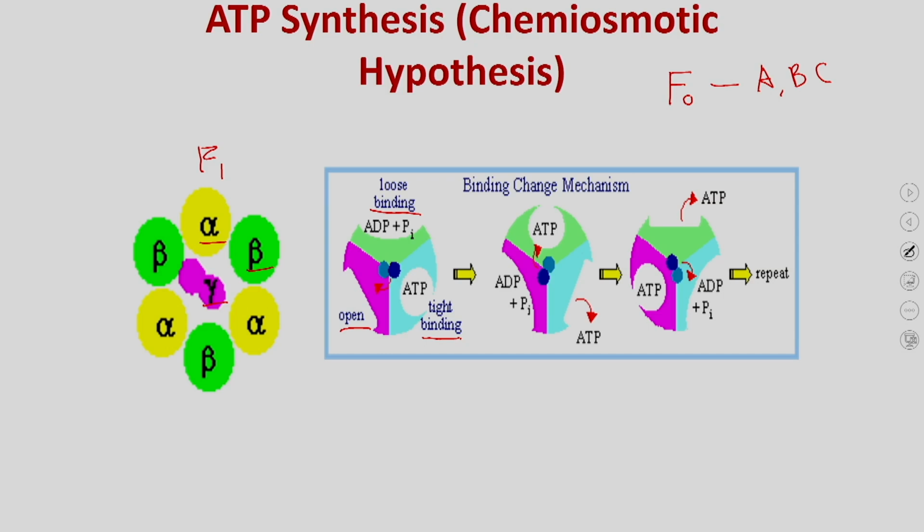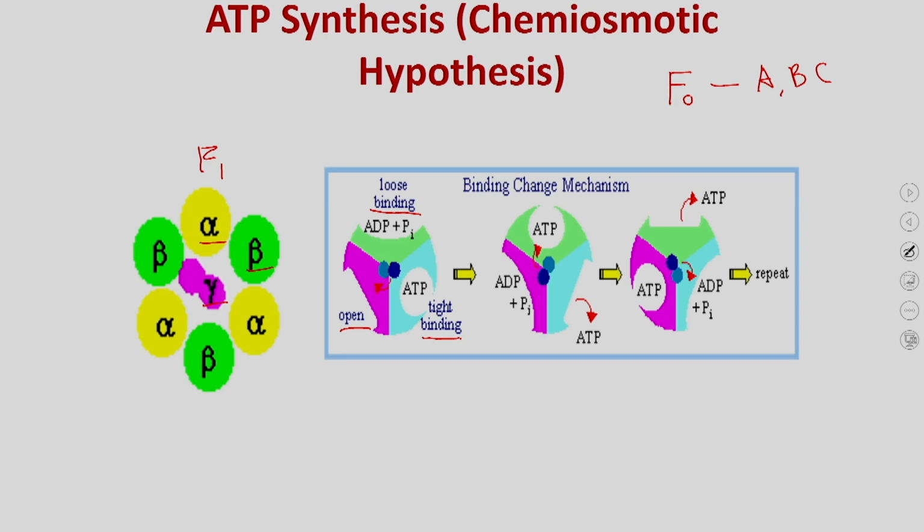In the catalytic mechanism, we have alpha, beta, alpha, beta, alpha, beta, so we have an alternate arrangement of alpha, beta, and in the middle we have the gamma.